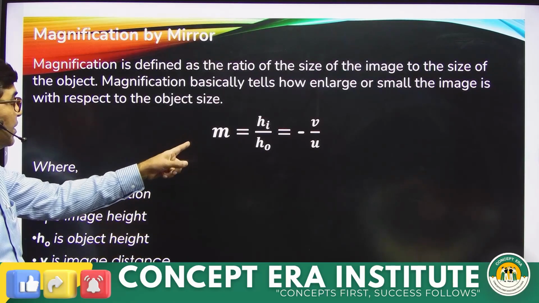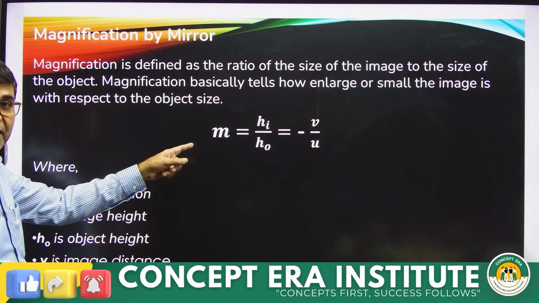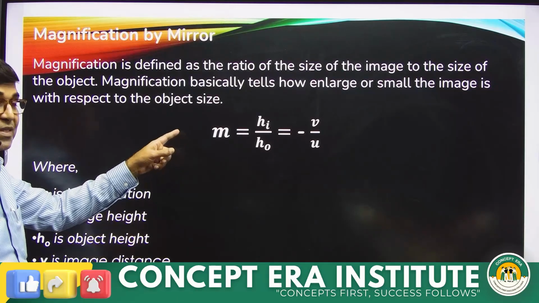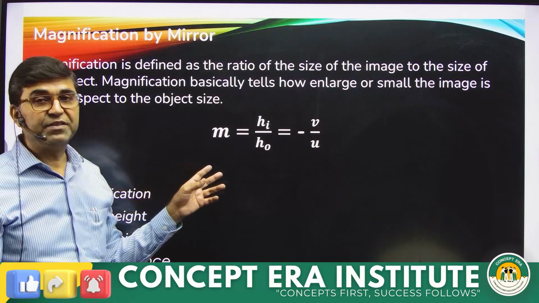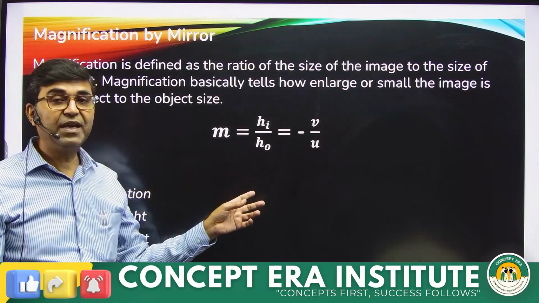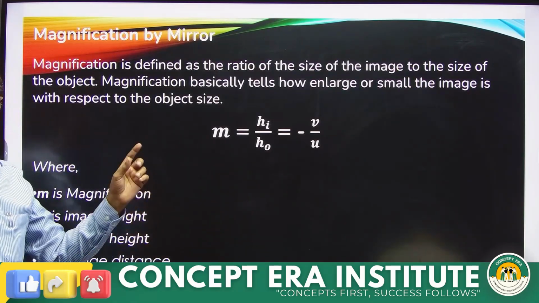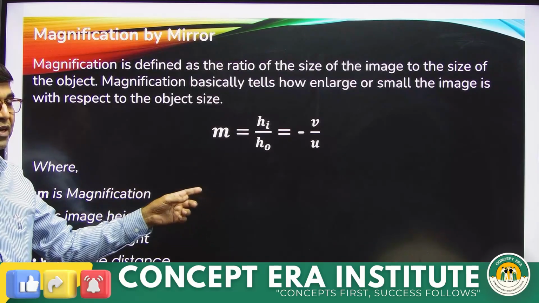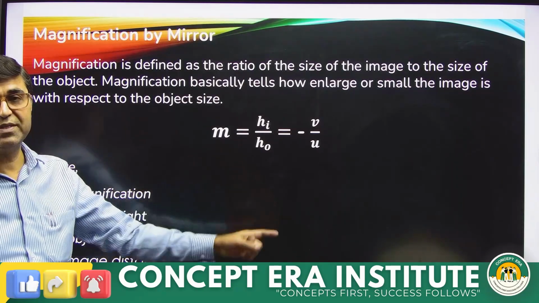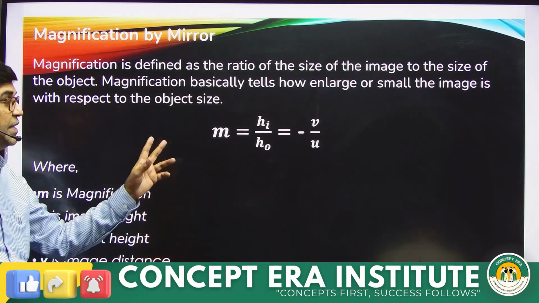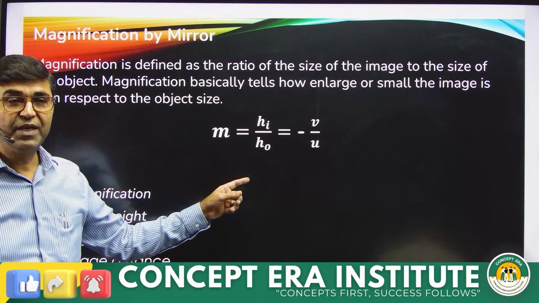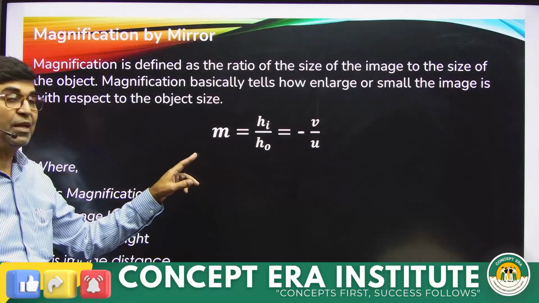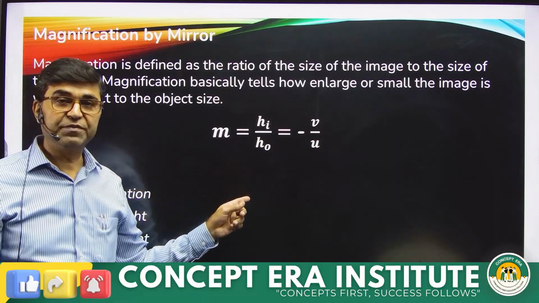Now, relating to this magnification, there are some points to be kept in mind. If the final magnification carries a negative sign, that clearly tells you that the image formed is real. That means in case of real images, the magnification sign will be negative. And in case of virtual images, the magnification sign will be positive.